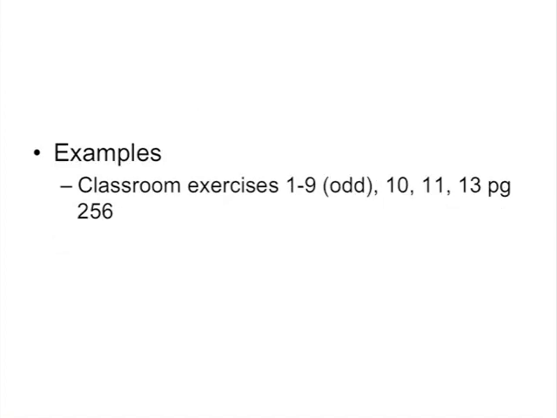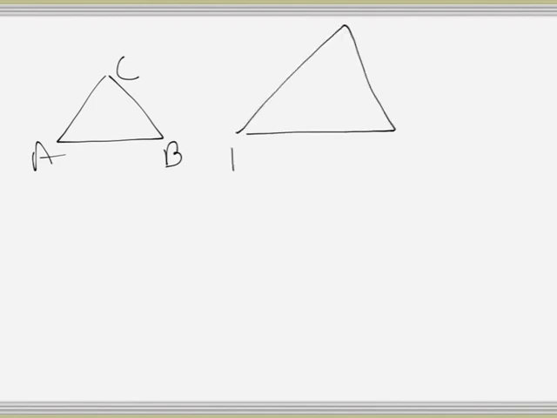All right, we're going to do some examples then. For our first set of problems, we're going to start with two triangles. And we are going to be told that triangle ABC is similar to triangle DEF.